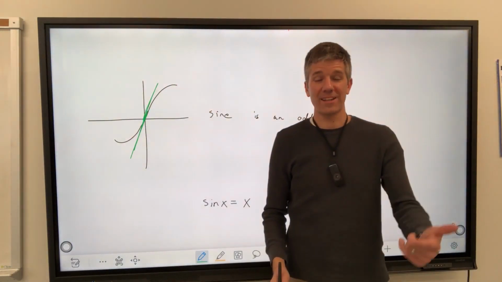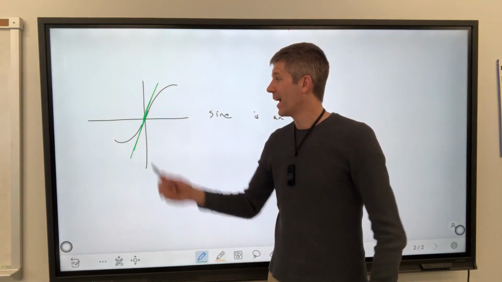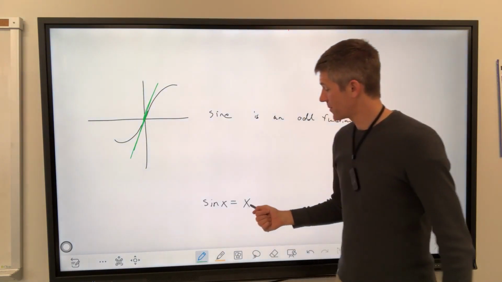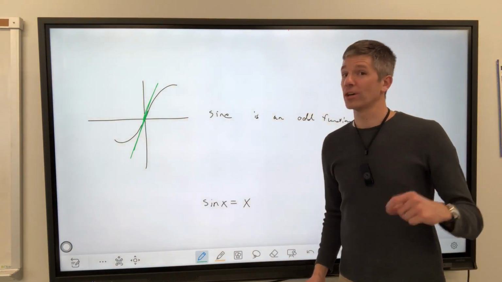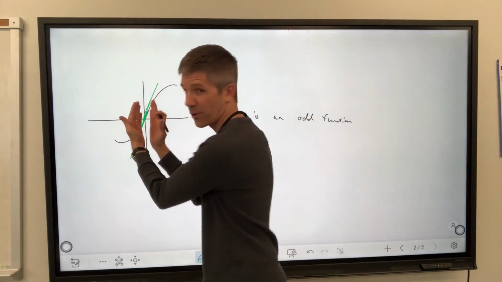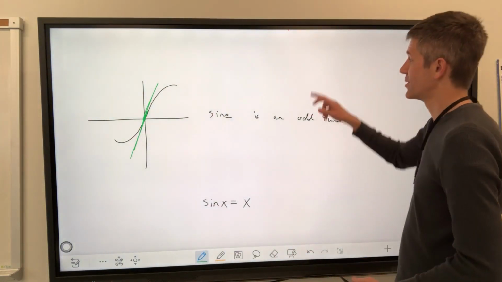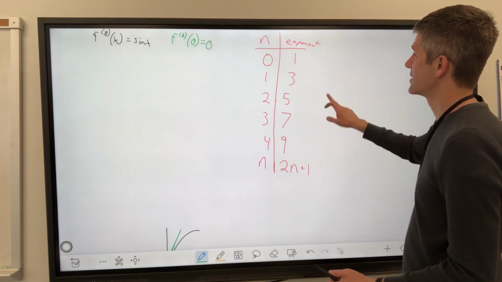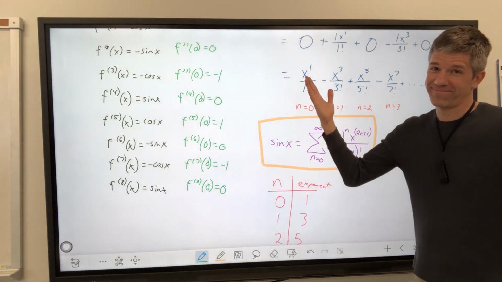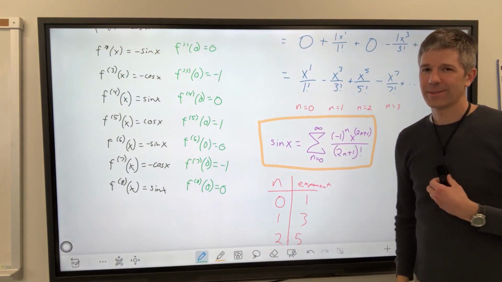If we found the tangent line of sine at 0, we would get the line y equals x. So x, just x, is a good approximation for sine for values close to 0. That's what tangent lines do. Notice that that is the first term. Beautiful, isn't it? You know you agree.